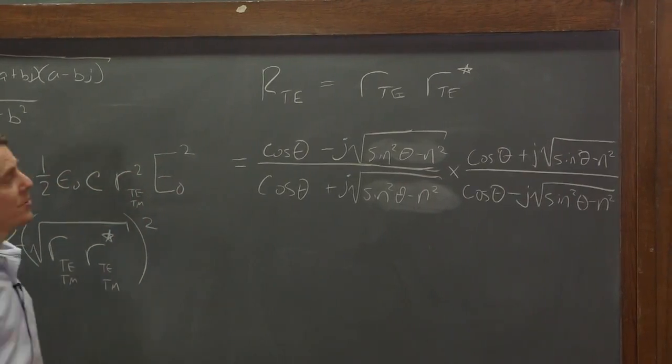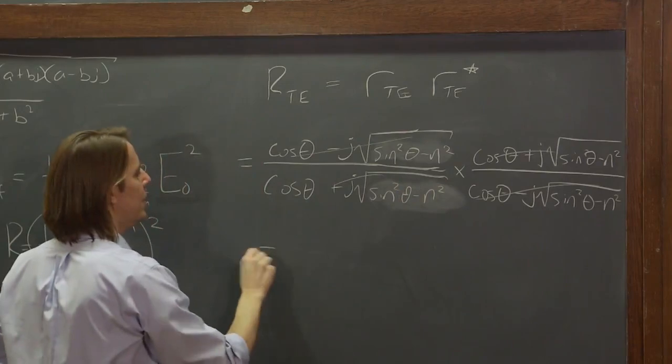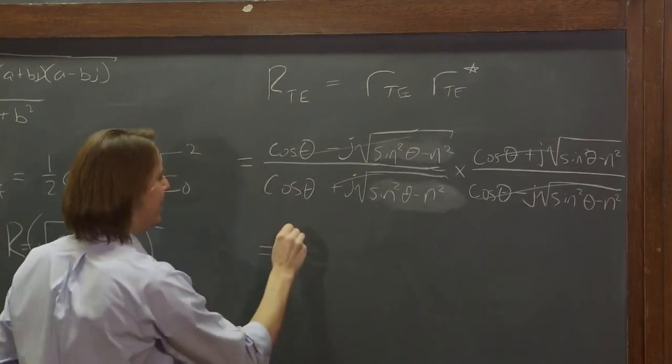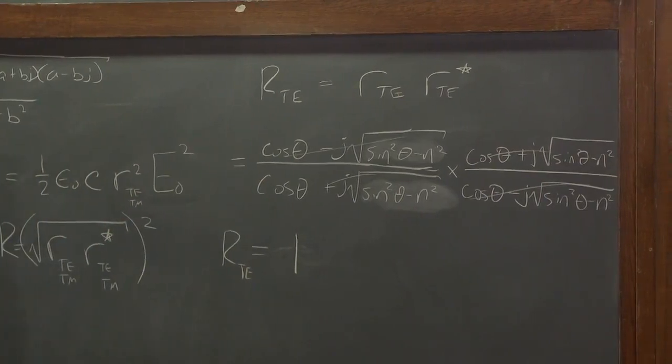And now maybe you can see that this cancels this and this cancels this, and big R is equal to 1.